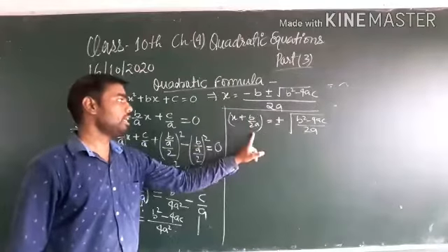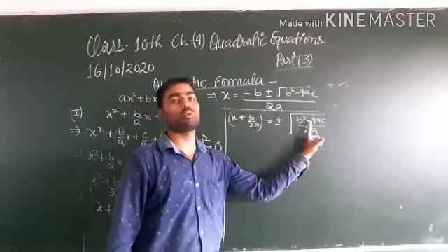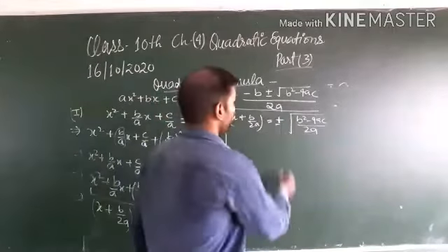So x plus b upon 2a is plus or minus square root of b square minus 4ac upon 2a.